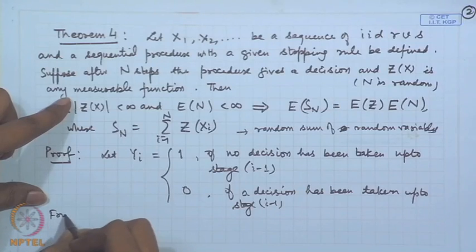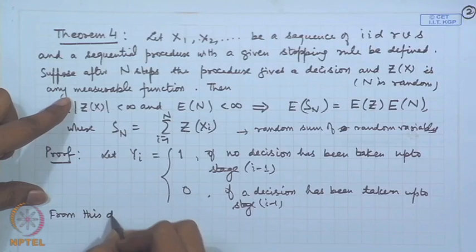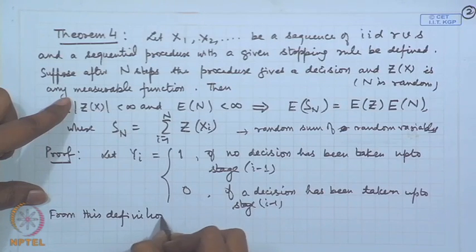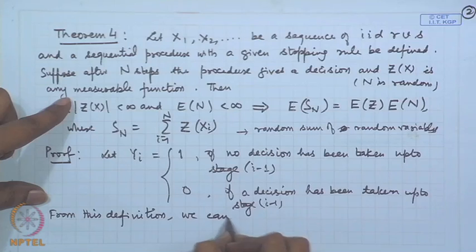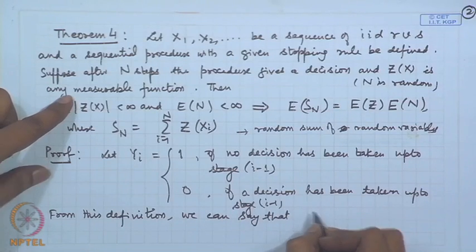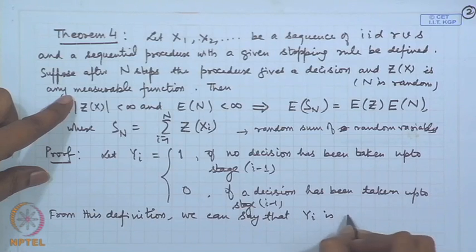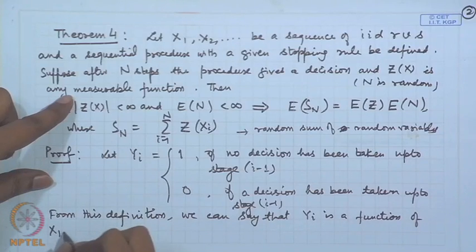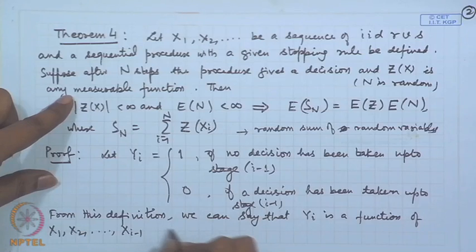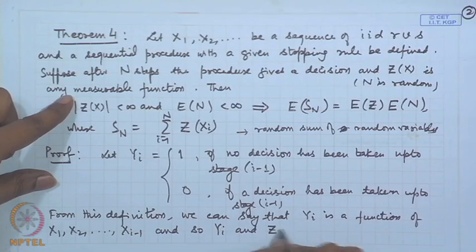So, from this definition, Y_i is a function of X1, X2 and so on, X_(i minus 1), and so Y_i and Z(X_i) are independent.